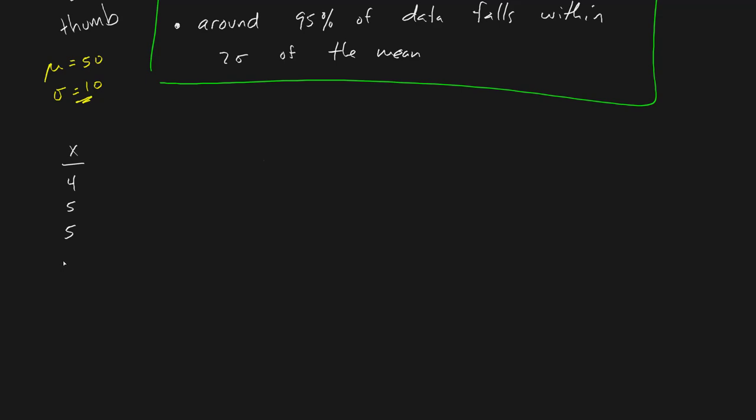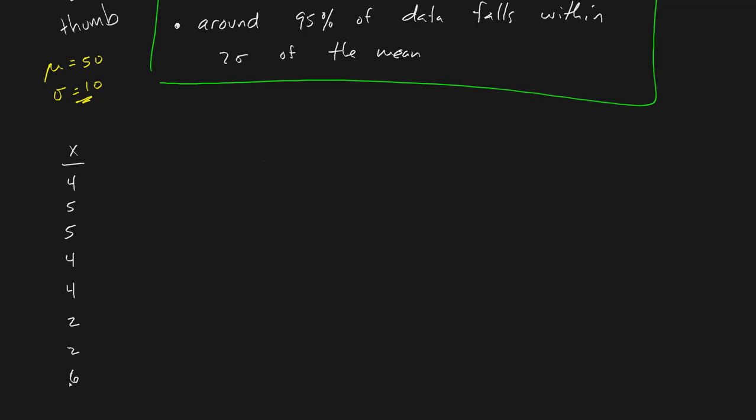I didn't want to work too hard to try and make this fit, because the whole point was that these rules of thumb are supposed to apply to most data sets that you see. And so I think this was just the first one that I found when I went looking for a random data set, and it works out well. So let's have a look at this. It doesn't work out perfectly, but it's not supposed to.